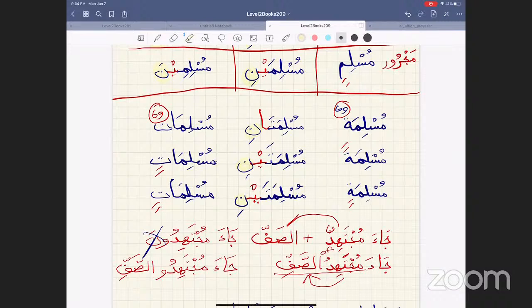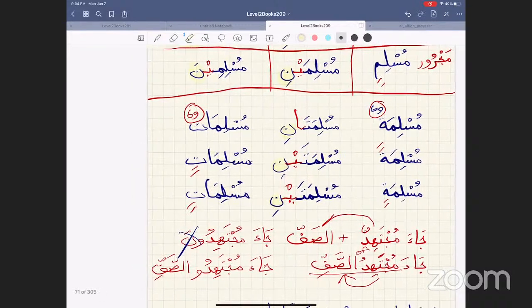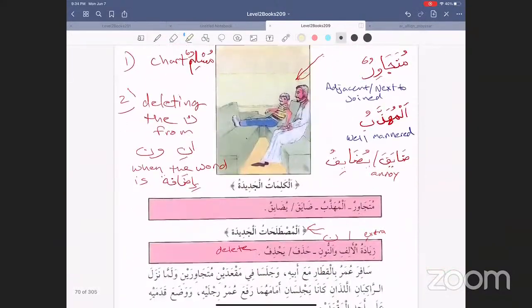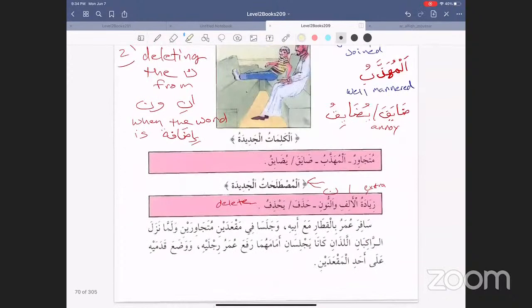Re-memorize those and know that whenever those dual words or that masculine plural comes, that noon drops whenever it is mudaf in an idafa construction. That is the point. And tomorrow, inshallah ta'ala, when we get back, we will start reading directly from this text, and we will translate tomorrow.